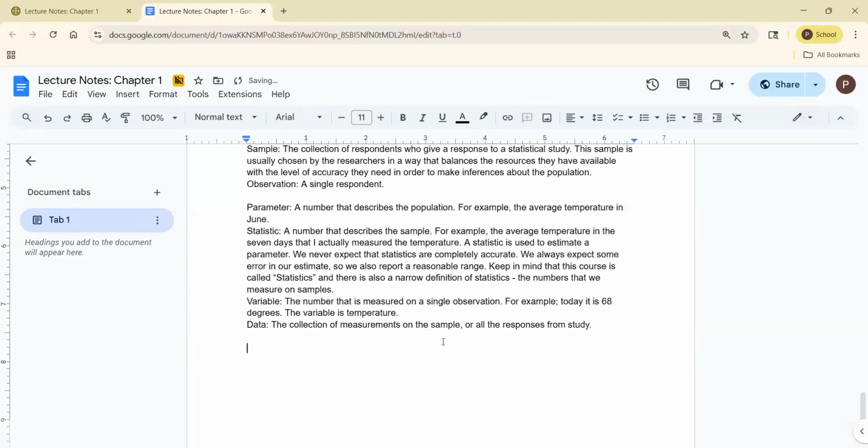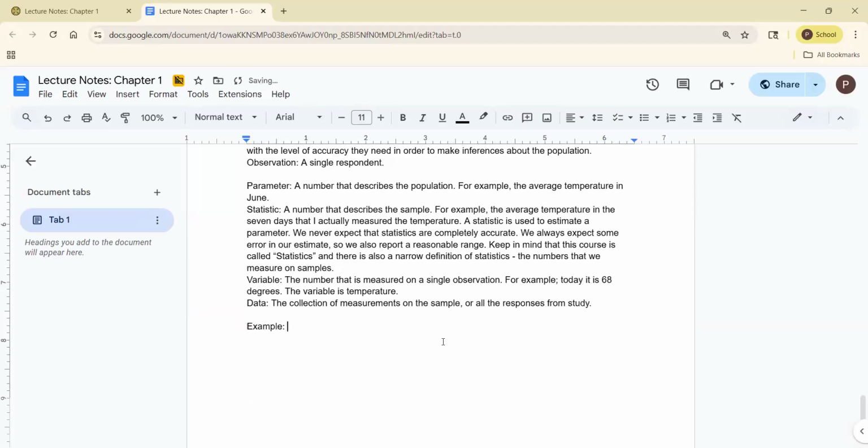All right, let me give you an example. We want to know the average weight of house cats.